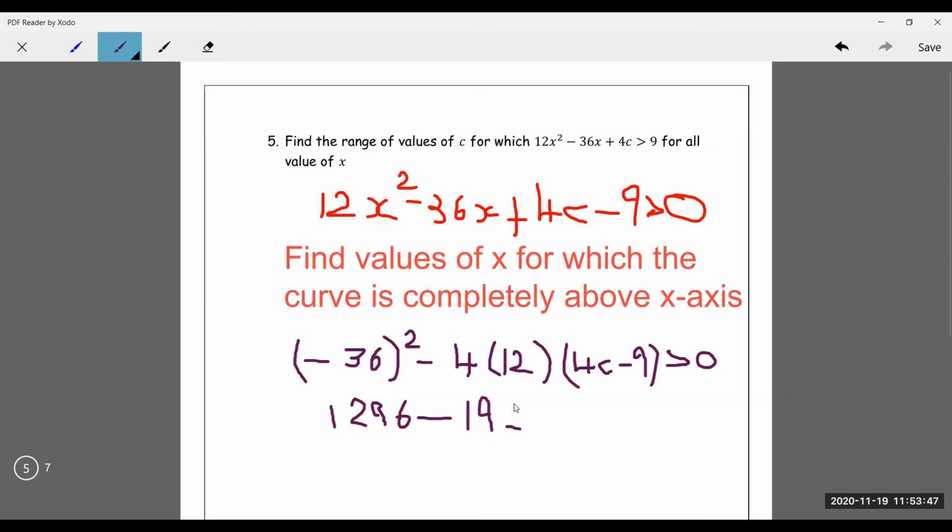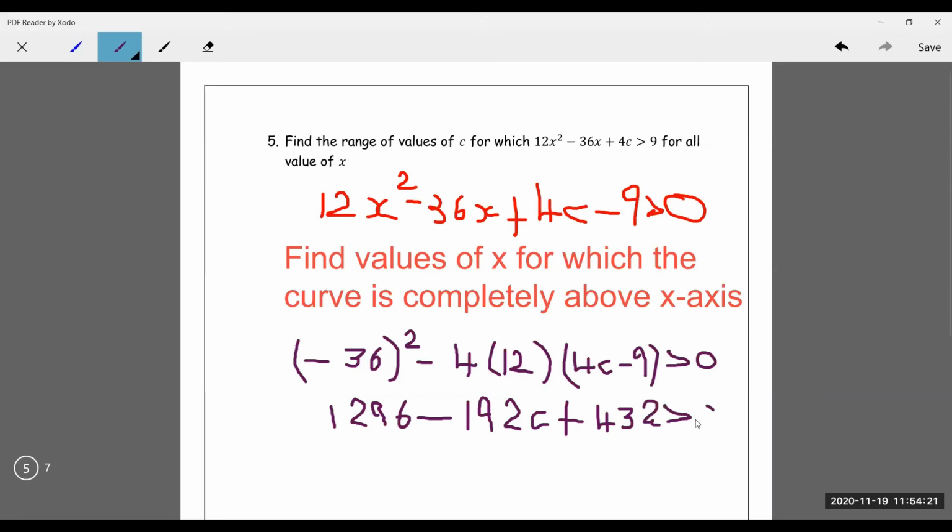Then 4 times 12 times negative 9: 4 times 12 is 48, and 48 times 9 is 432. The minus gives us plus, so we get plus 432.